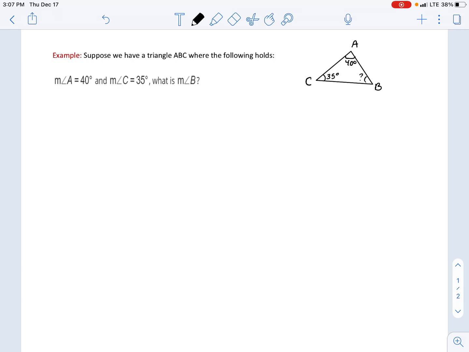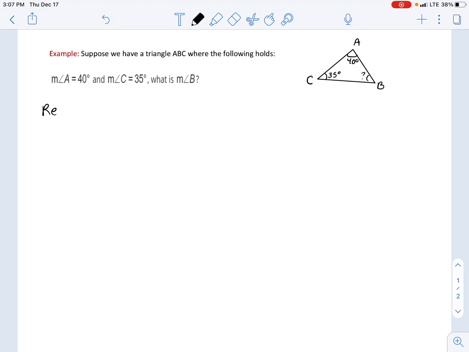Okay, so what did we see prior to you watching this video about the measurements of angles inside a triangle? Well, we had the triangle sum theorem, which stated that the measurements of the angles inside of a triangle add up to 180 degrees, right? So let's write that down.